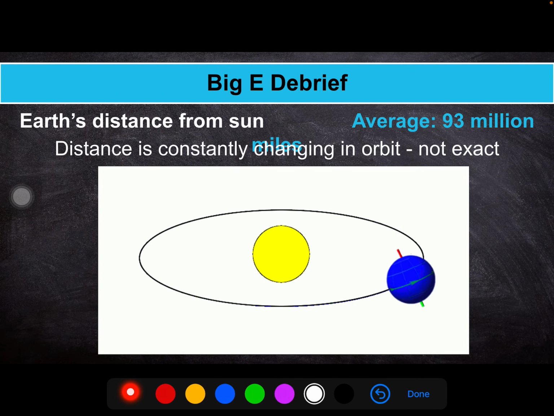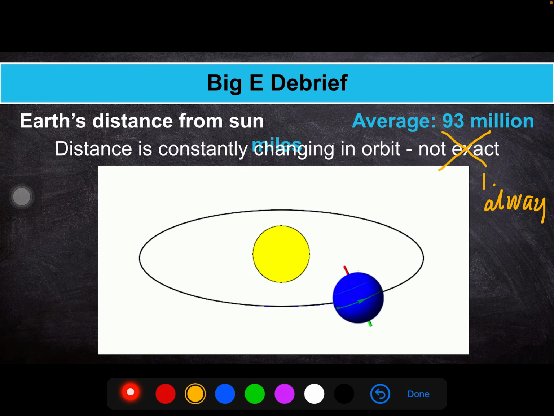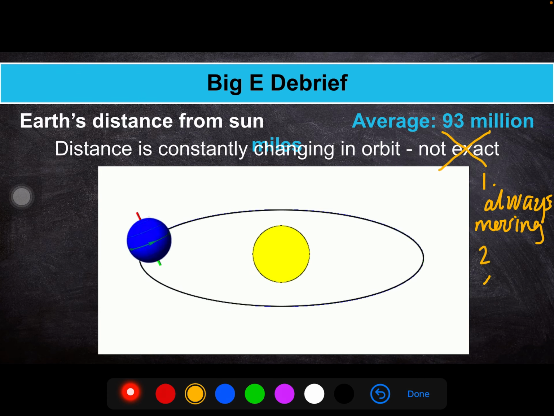So last big idea to think about is within this elliptical orbit that we have, we can never really give an exact distance from Earth to the sun. And that's because of 2 things. One, the Earth is always moving, right? It's always going around that orbit. And 2, that orbit shape is an ellipse.